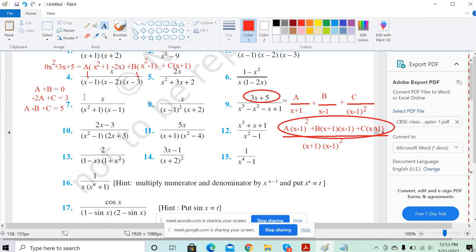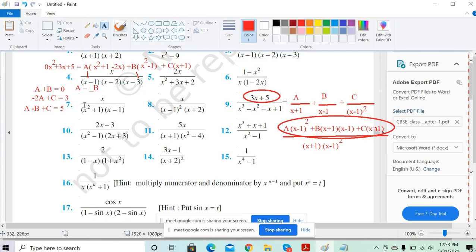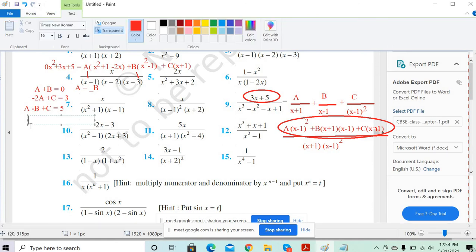Now look here, a plus b equal to 0, so a equal to minus b, right? Now a equal to minus b, so minus b you can replace it here. So this equation will become a plus a, 2a plus c equal to 5, isn't it?